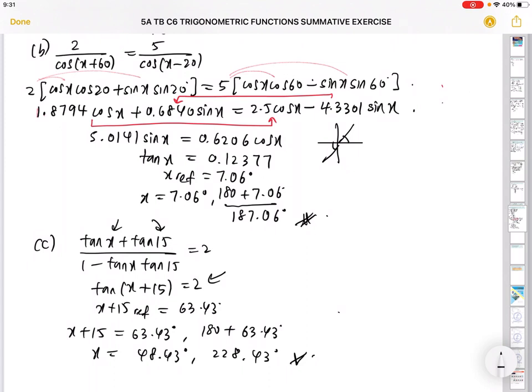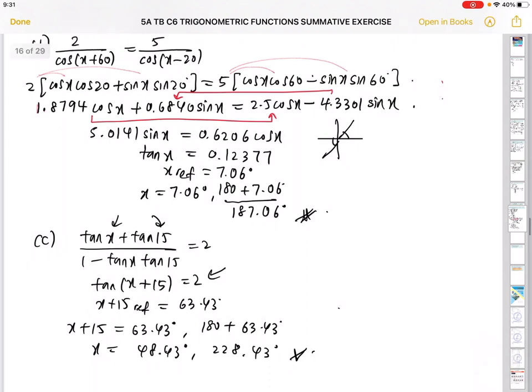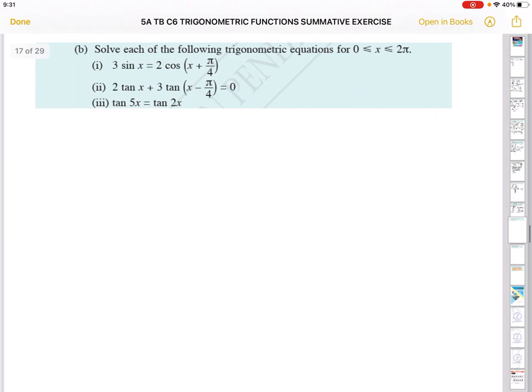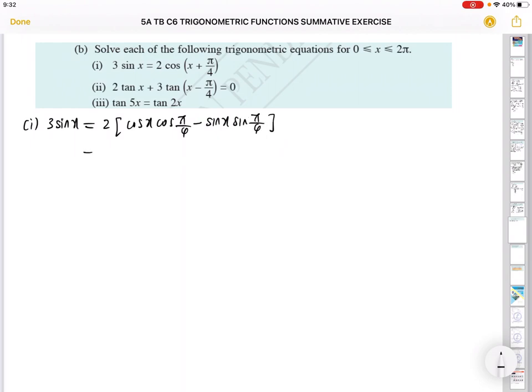Okay, first one. You have 3 sine x equals 2 cos x plus pi over 4. So this is 2, cos x cos pi over 4 minus sine x sine pi over 4. Okay, times inside. What is cos pi over 4? Cos pi over 4 is cos 45. If you type in your calculator, if you're not sure, it's 1 over root 2 or root 2 over 2, because calculator will rationalize the denominator for you.